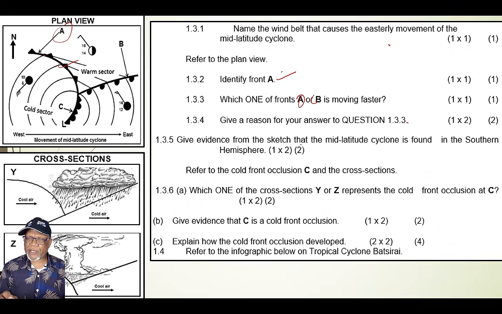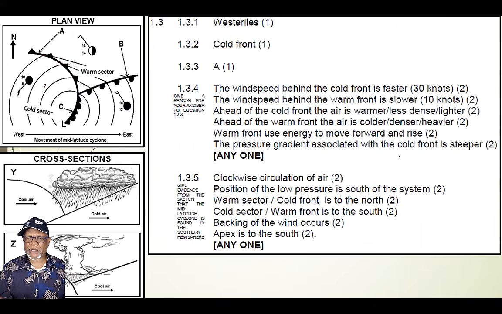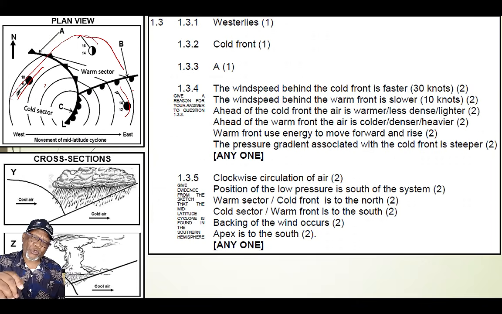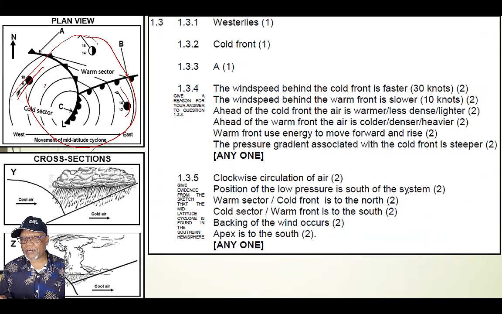1.3.5. Give evidence from the sketch that the mid-latitude cyclone is found in the southern hemisphere. There is clockwise circulation. You can see air coming from that direction, air coming from that direction, air coming from that direction. So when you join all these directions, it's showing that there is clockwise circulation. The position of the low pressure is south of the system.